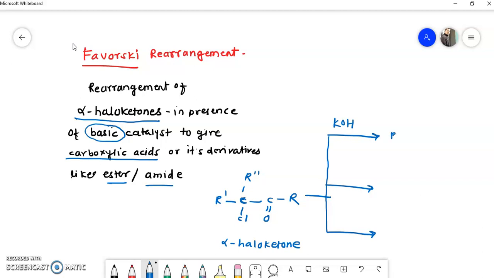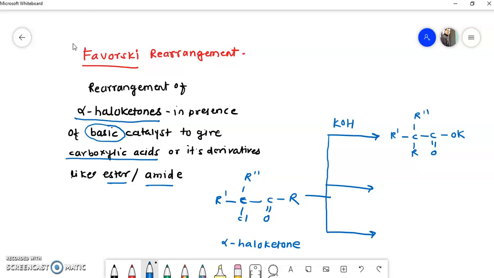The R group comes here, and the rest of the starting material is as it is. There is a formation of salt, so here is a potassium. This will be the product if we treat this alpha haloketone with potassium hydroxide.